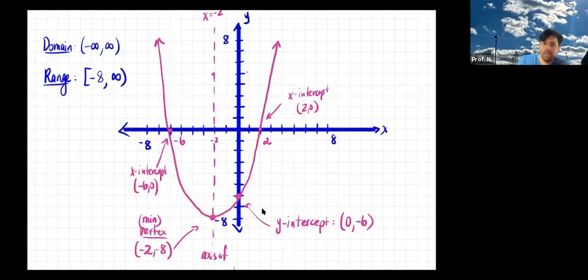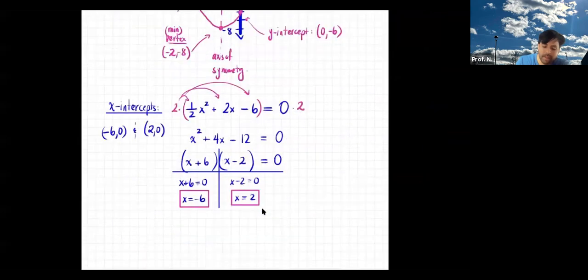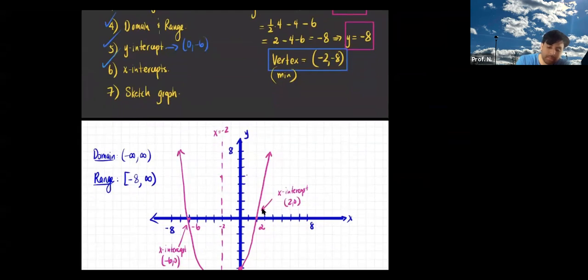Okay, great. Good. We can graph them. We can find the x-intercepts, the y-intercepts, and we're all happy. Check. So I sketched it. Okay, so that's the idea.